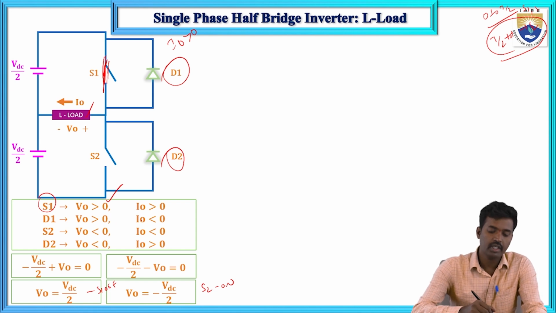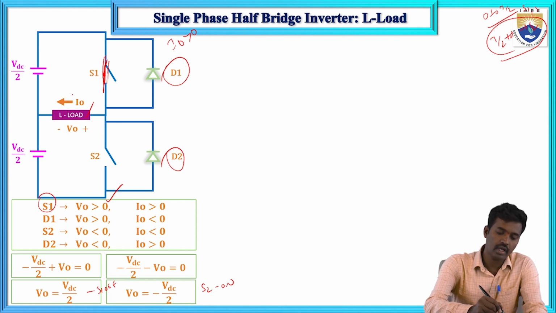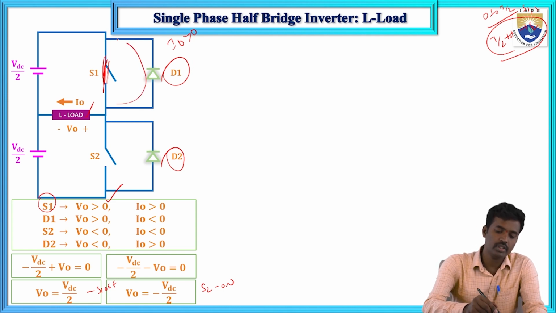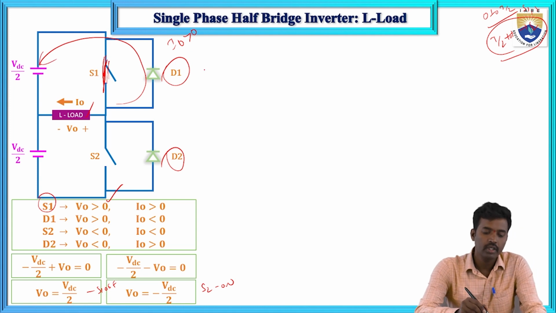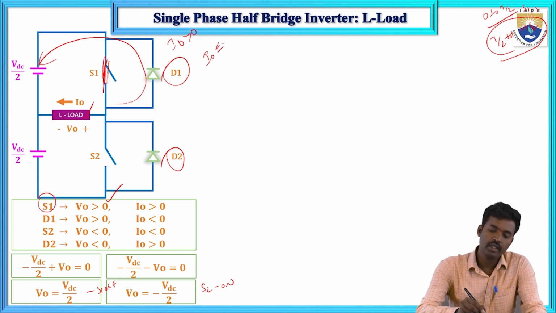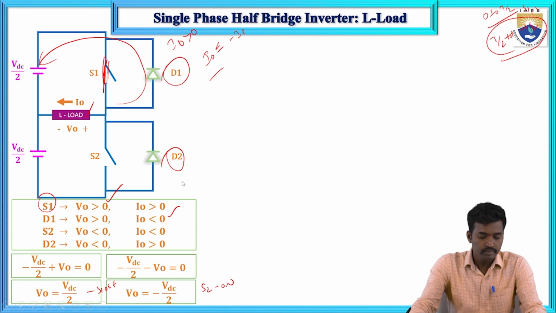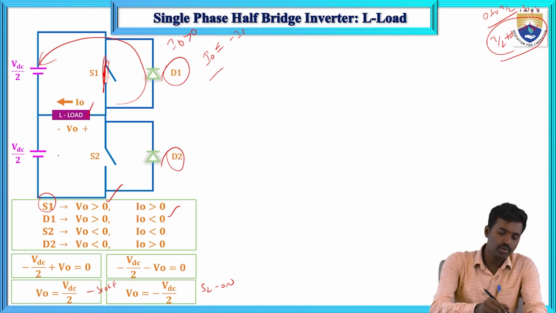When D1 conducts, the source current is positive, and power is delivered from the source to the load. Here the current flows in the reverse direction, so I naught equals minus ID, which is a negative value. Next, S2 will conduct.